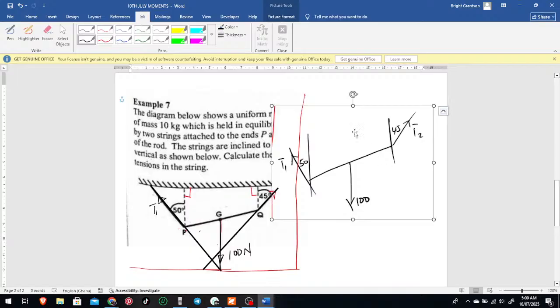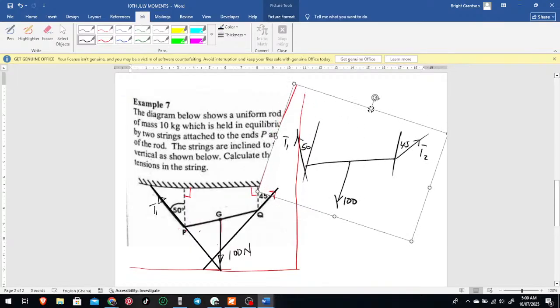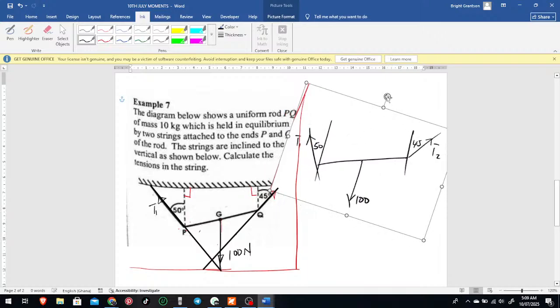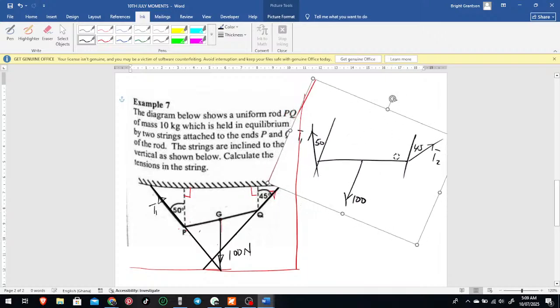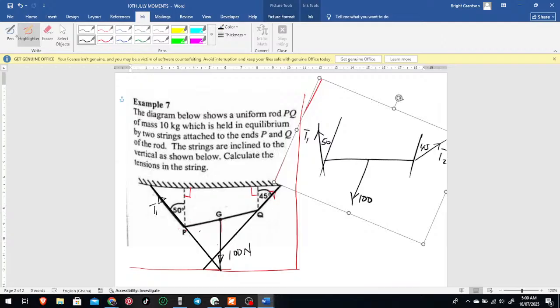Something like this, you know. Then we've rotated it around so that this becomes straight. Yeah, but when it becomes straight, the weight is not perpendicular. So you have to resolve them perpendicularly, like this.